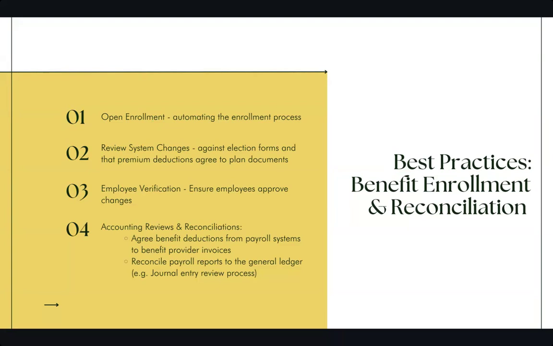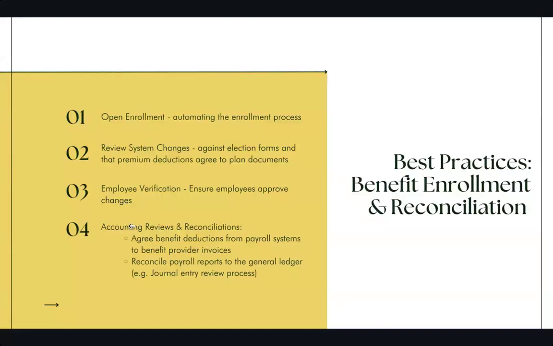That'll make it super simple. So if you go with an outsourced provider, like an ADP, Gusto, or Portalis, you can utilize a software that will allow you to automate it. You review the system changes against like the election forms and the premium deductions, and then the employee verification should be reviewed and approved as well.